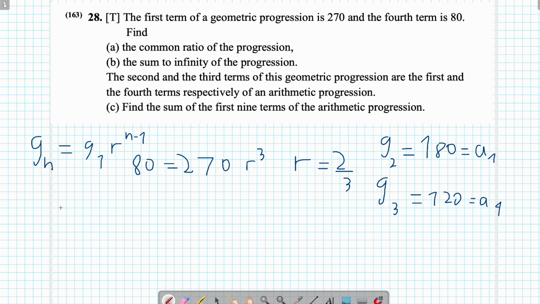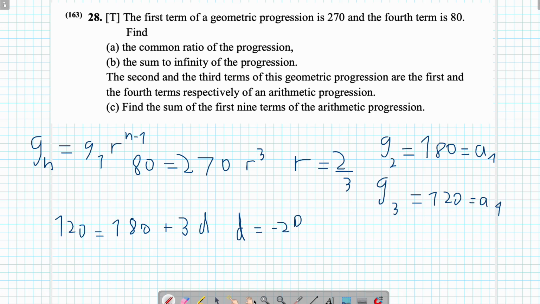So again we do the an rule, so 120 is equal to 180 plus n minus 1, which is 3d. You get d is equal to negative 20.